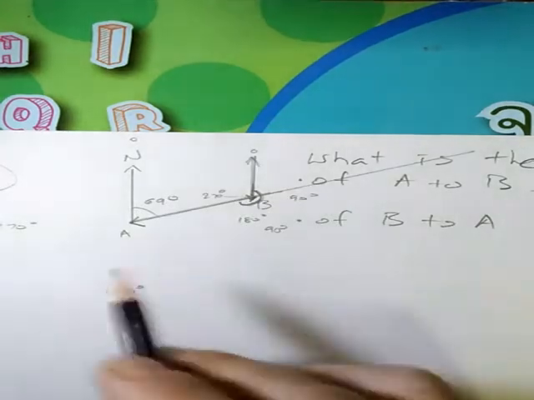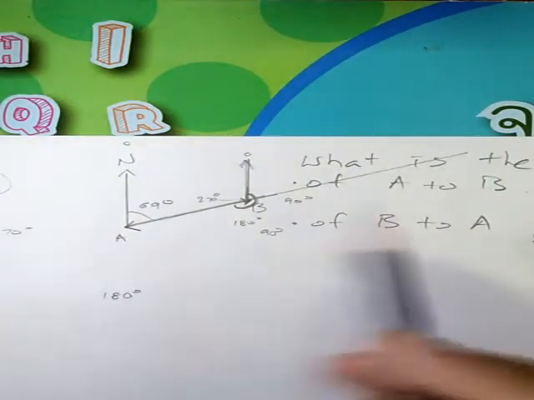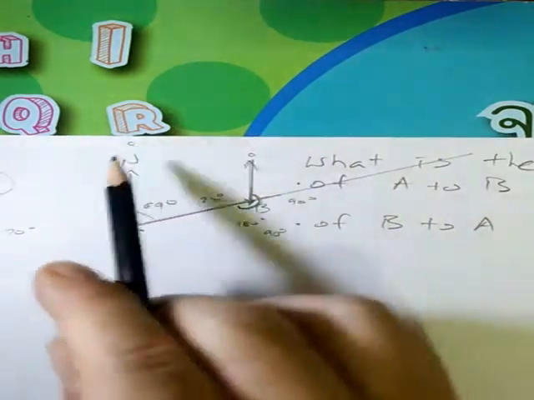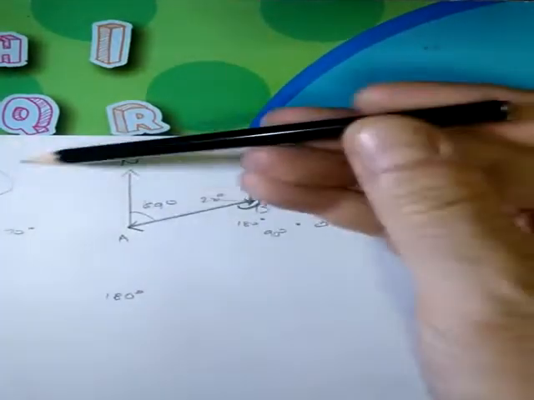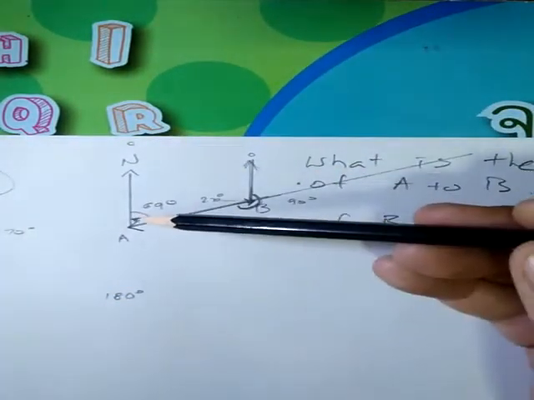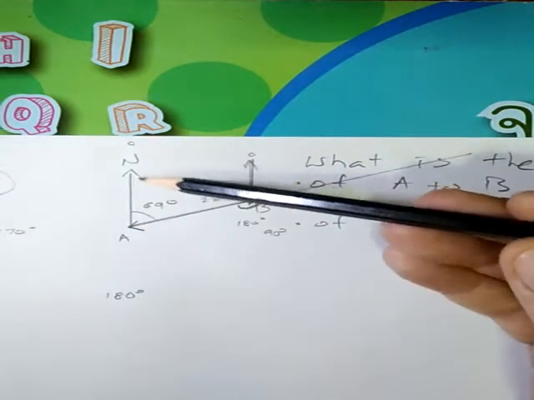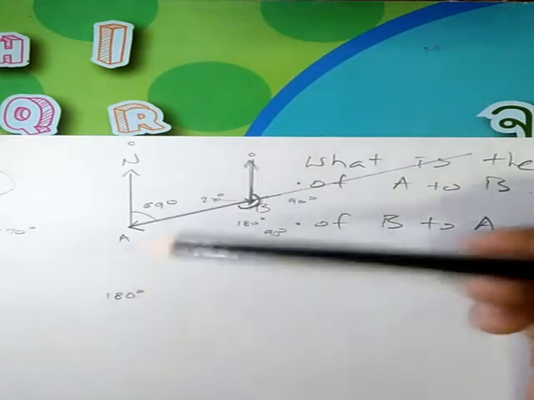But there's a trick when you're talking about reciprocal headings, or opposite bearings, I should say. If I start at 0 and I go north, and then I turn around and go south, well, my original bearing was 0, and then if I turn that around and move south, my bearing is 180. So I added 180 degrees.